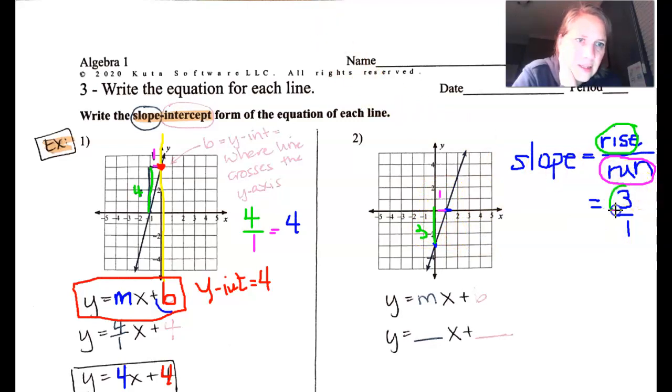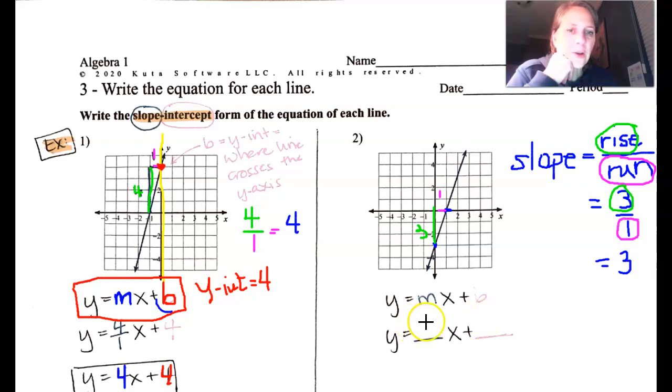The rise is 3 and the run is 1. Just like over here, that means our slope is the top number. 3 over 1 is exactly the same as 3. Any number over 1 just means that it is that number. 3 divided by 1 just means that you're not dividing it. So we know that our slope is 3.